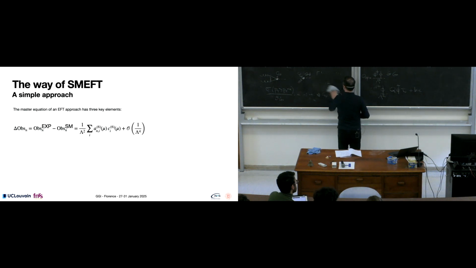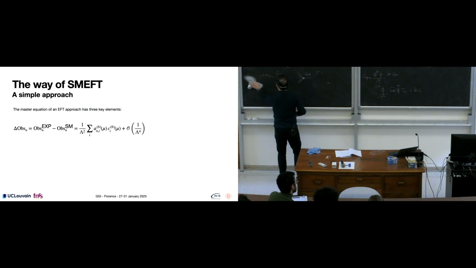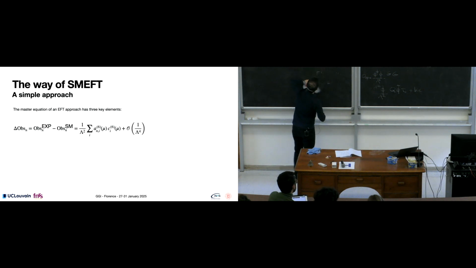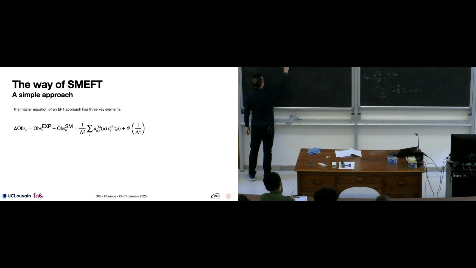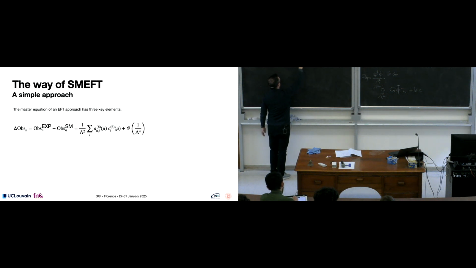So let me erase here. What we do is that we define an observable, and we compute the observable. So we determine the observable experimentally. We subtract the standard model prediction. So this is theory, but from the standard model.